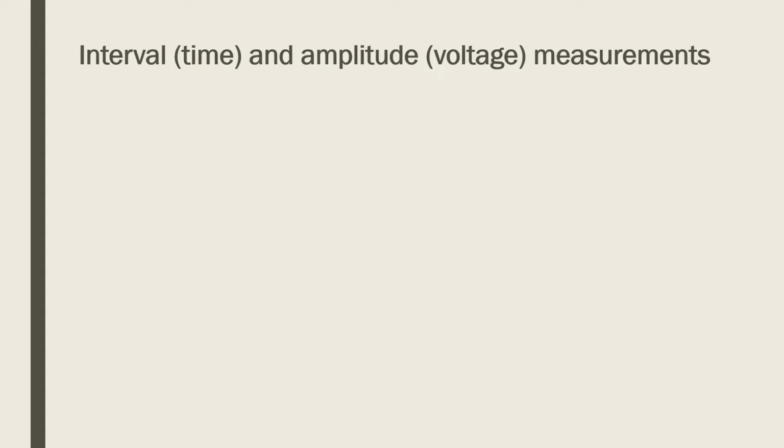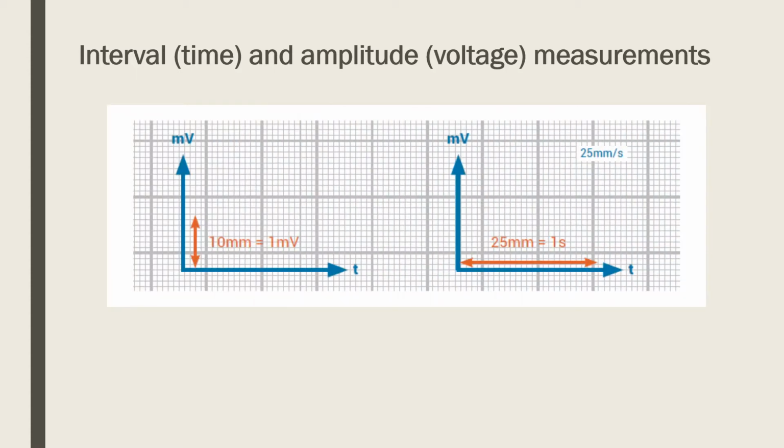Now we will talk about the interval, which means the time, and the amplitude, which means the voltage measurements in the ECG tracing. This is a tracing which shows the y-axis components, which represent the amplitude measurement.